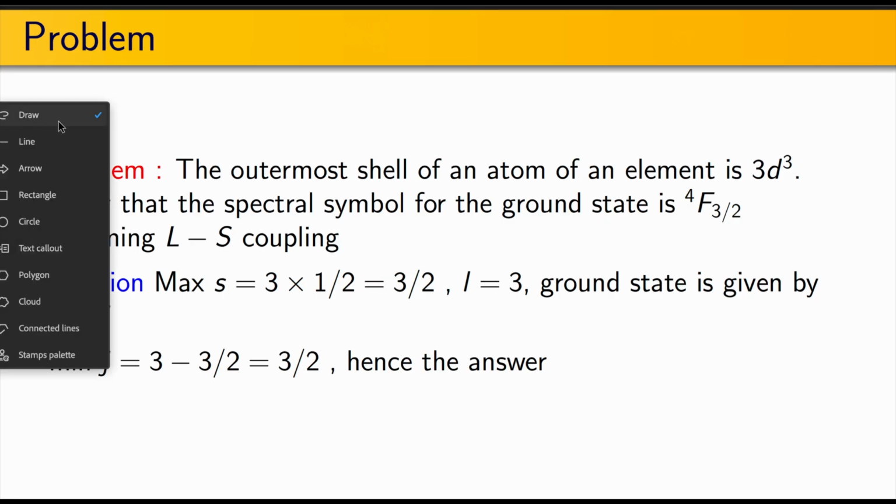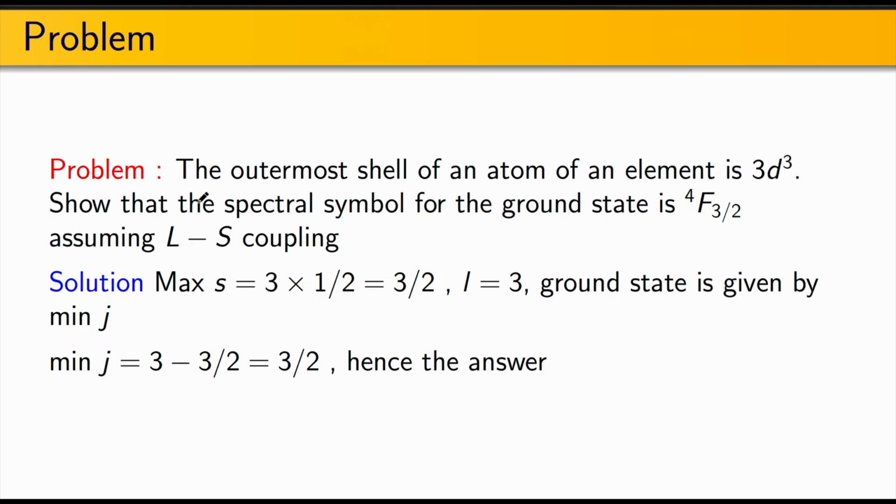The problem is: the outermost shell of an atom of an element is 3d3. Show that the spectral symbol for the ground state is 4F3/2, assuming LS coupling. So we are assuming LS coupling and then we have to find the ground state.